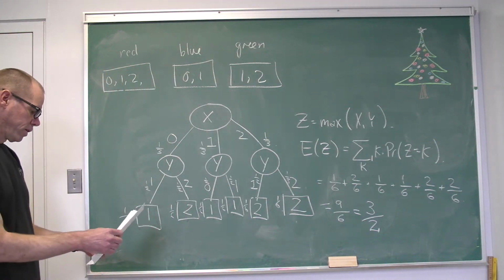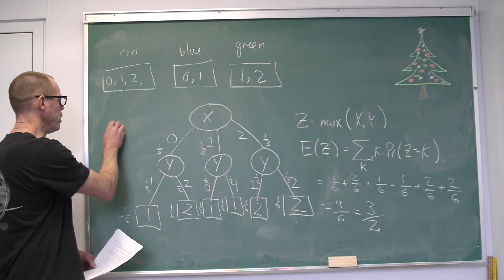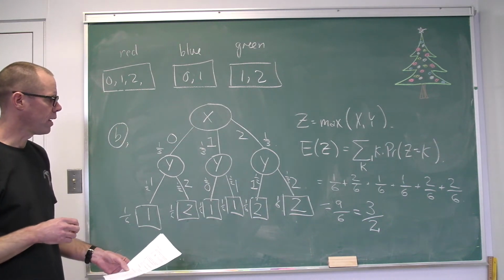So we'll check the answers. Is there an option that's 3/2? Yes, that's answer B. And that's for question 19 on the exam.